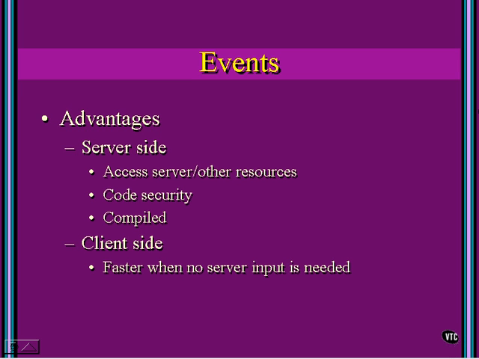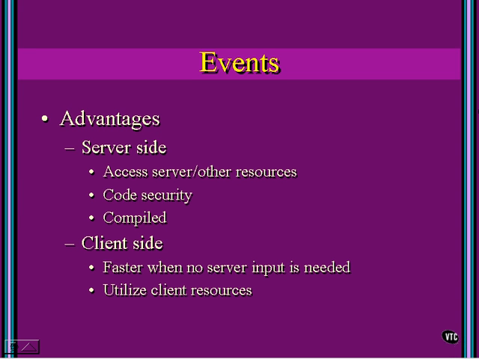Now, client-side events, the advantages are that they're fast when no server input is needed. If somebody mouses over and I want to see a picture pop up or change or something, then that needs to happen on the client side. We don't need to go back to the server for that. It utilizes client resources. Now, ASP.NET, as you can already tell, does a lot of magic on the server side, but it's also going to use more server-side resources, which means you're going to have to beef up some hardware, keep this thing tuned and optimized.